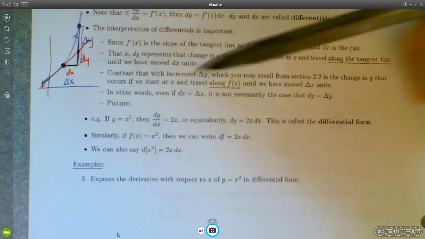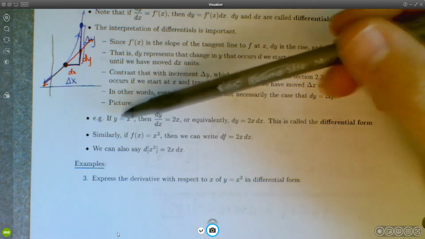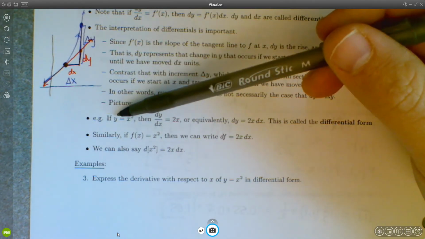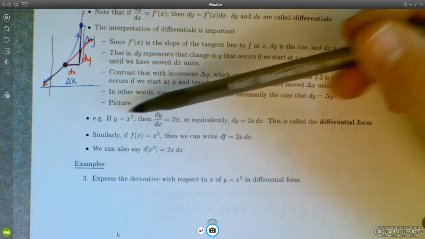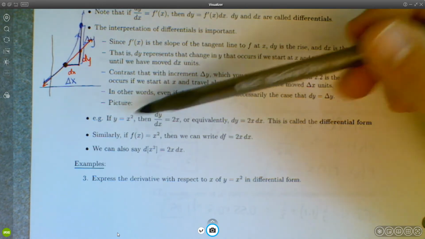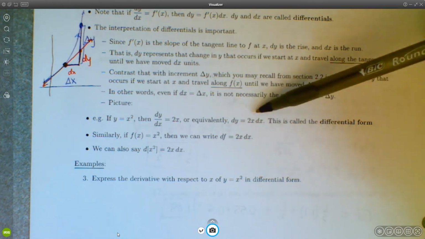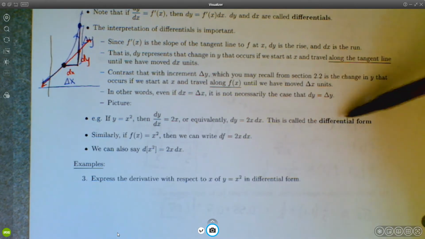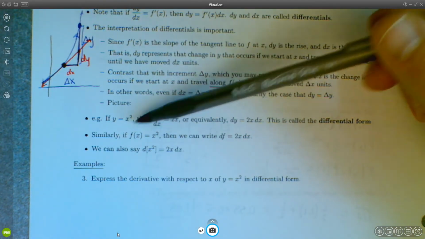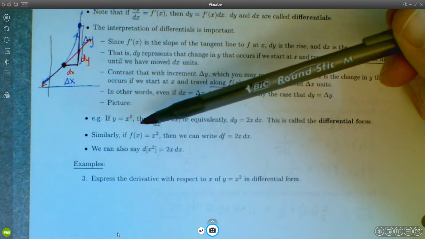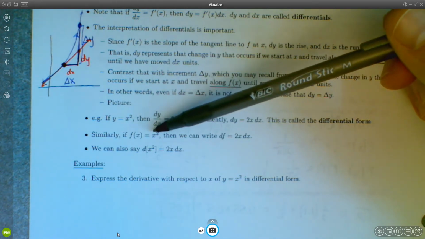So a couple of things to say, right? Let's say that y equals x squared. Then dy/dx is 2x, right? Derivative with respect to x is 2x. Or equivalently, you could write that as dy equals 2x dx. And that's called the differential form. Okay? And then there's a whole bunch of other notation that corresponds to that. For example, if f of x equals x squared, and we take the derivative with respect to x, we could say df/dx equals 2x.